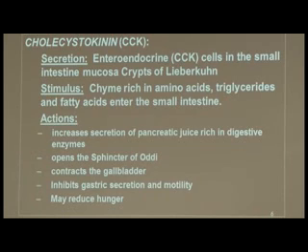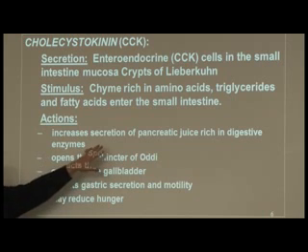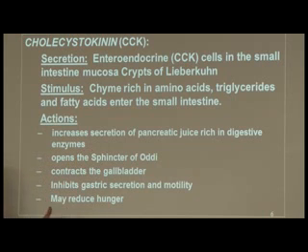And then recall when we talked about the pancreatic duct and the common bile duct, that they come together to form a hepatopancreatic ampulla. This ampulla extends a little bit into the wall of the small intestine, which we call the duodenal papilla. Where the papilla is, we have a sphincter that controls the release of both bile and pancreatic juice.